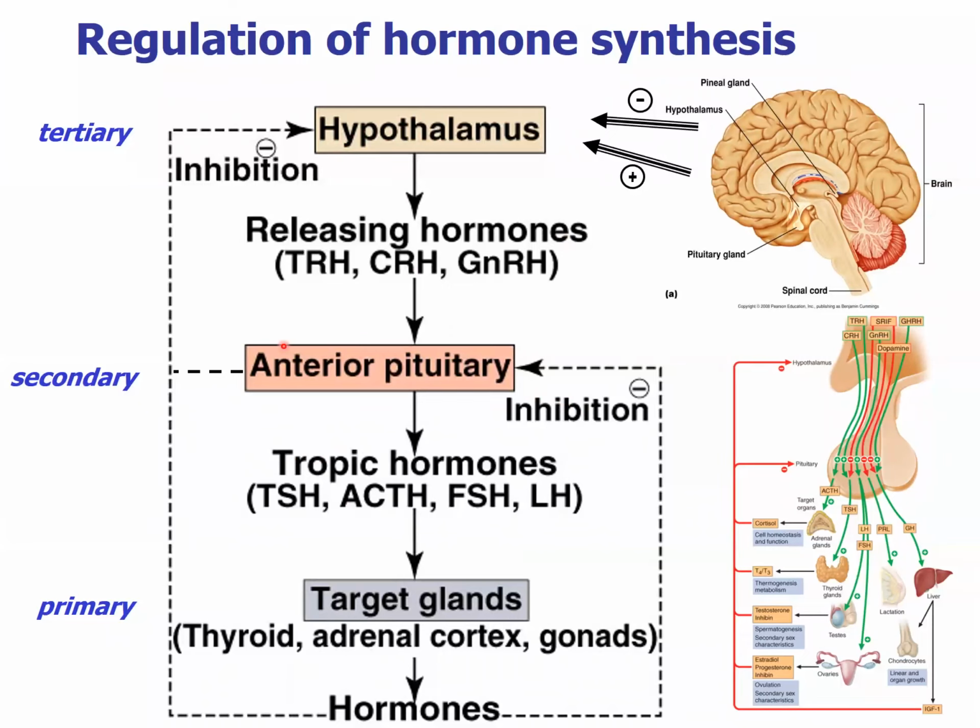In the clinical symptoms, usually the most striking symptoms can be observed if you have a target gland problem. With the secondary one, usually the clinical symptoms are not so striking. And the hypothalamic one relatively causes the fewest clinical symptoms.